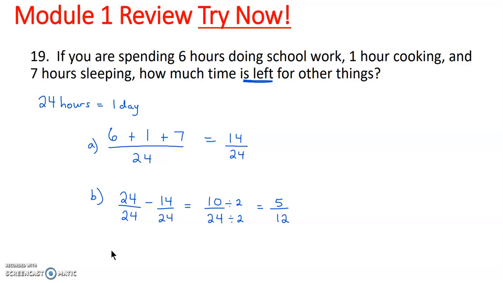If the question's not specific enough, then we will accept a variety of answers. If this is a multiple choice question, then your answer would be based on what you see in the choices. So 10 hours, 10 out of 24 hours, or 5/12. These are all acceptable answers for me.